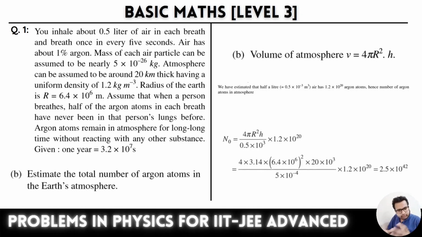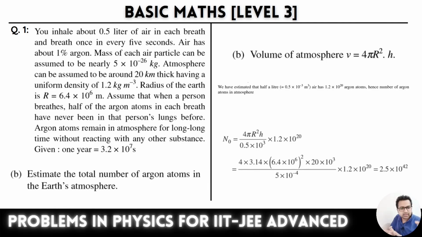So once again, let's see it. We inhaled half liter of air. So that half liter of air contained 1.2 into 10 to the power of 20 argon atoms. So half liter contains this many argon atoms. 1 liter will contain 1.2 into 10 to the power of 20 upon half, that is 0.5 into 10 to the power of minus 3.